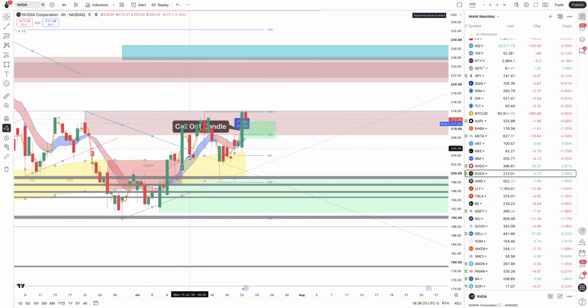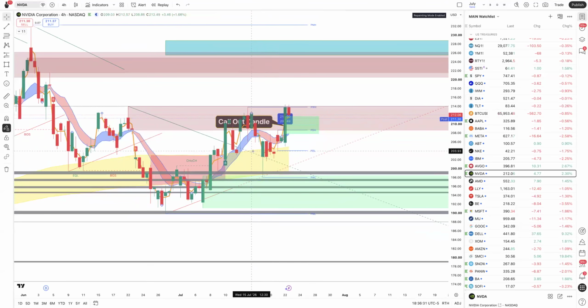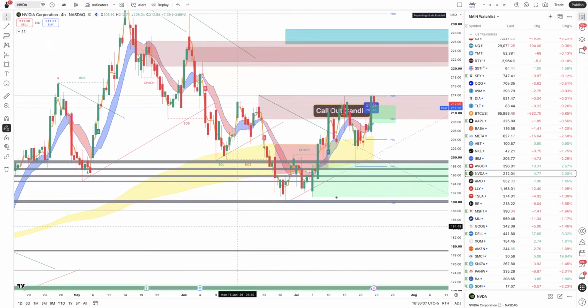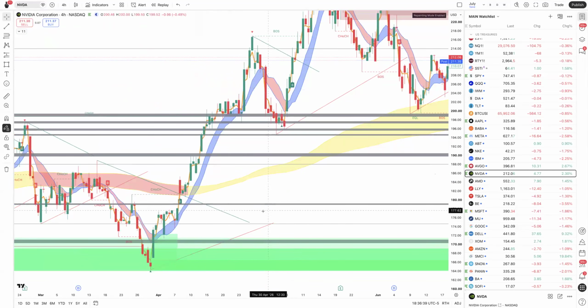So when we get over the 12, we're over all the 12s, which is this blue cloud. And this yellow cloud is the 200. Is the 200 EMA better than the 200 SMA? We don't care. This is all the 200s. And so now I don't have to second guess. Am I breaking over? Like right here, we broke over the 200 SMA, but the stock sold back off. But when we got over every version of the 200, which is this yellow cloud, you see how we proceeded up.